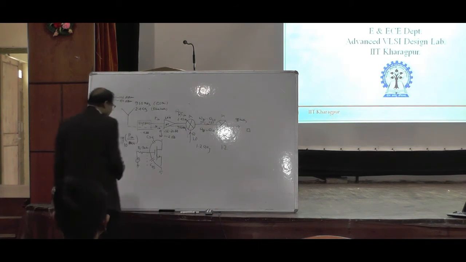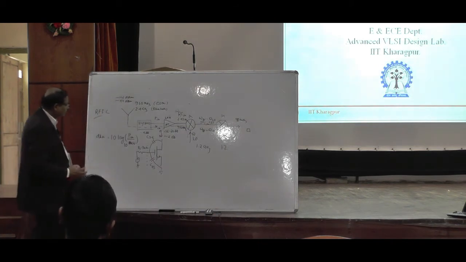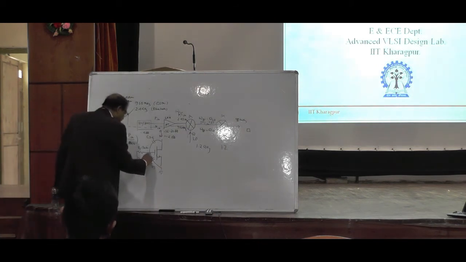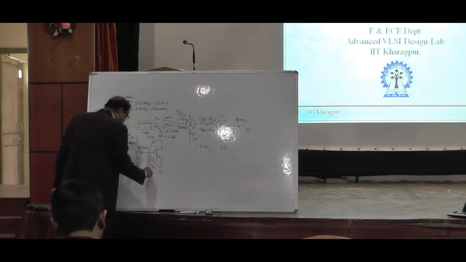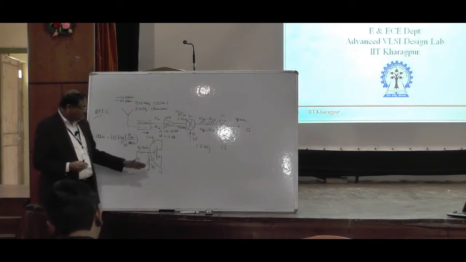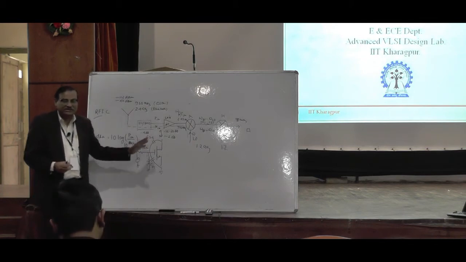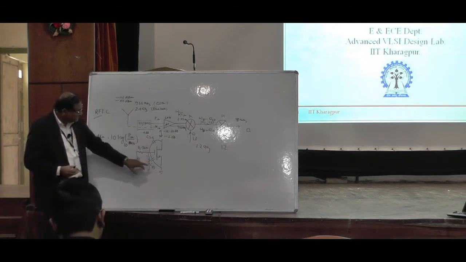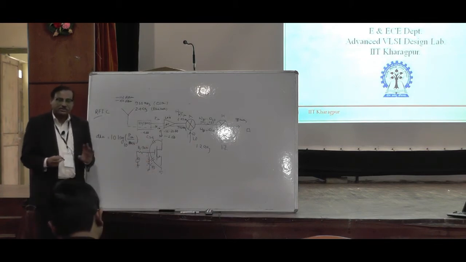So now, let us try to do at least one thing. I can put one inductor. Yes or no? What does your common sense tell you? That I can put one inductor, either series or parallel, that doesn't matter, which will negate my capacitance.